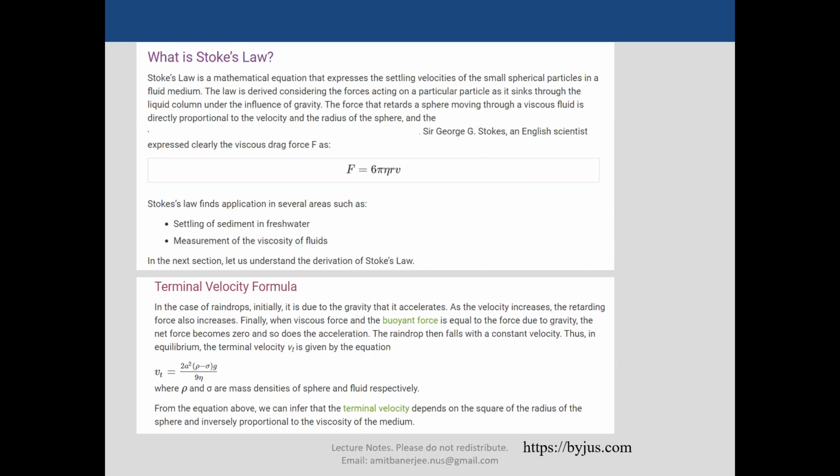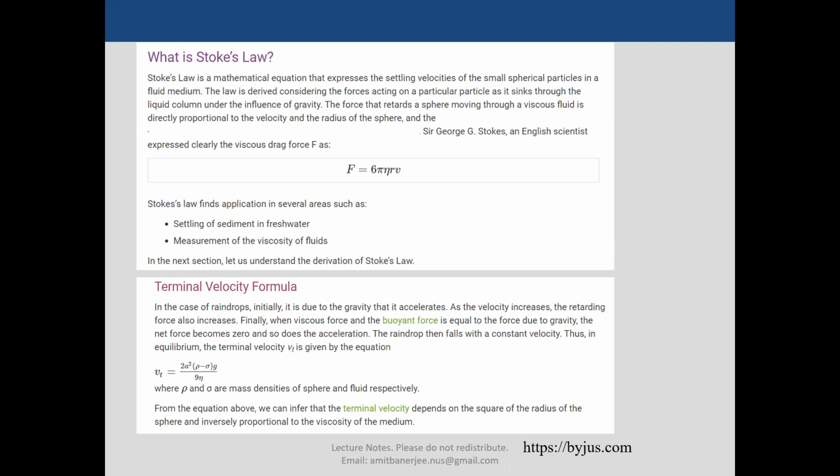Stokes' law is another concept, which is the mathematical equation that expresses the settling velocities of small spherical particles in a fluid medium. The law is derived considering the forces acting on a particular particle as it sinks through the liquid column under the influence of gravity.